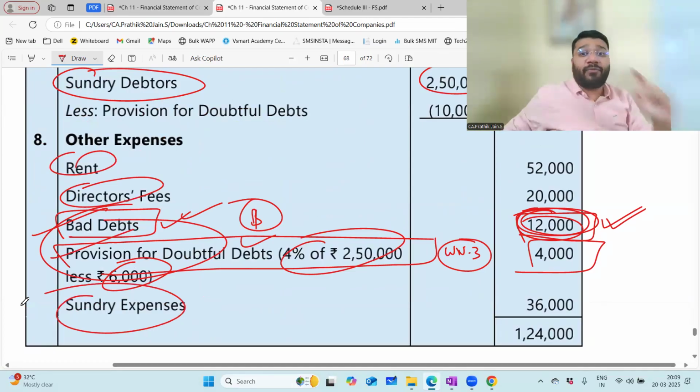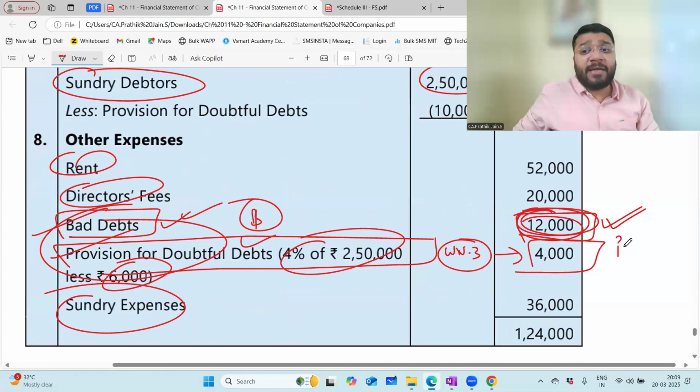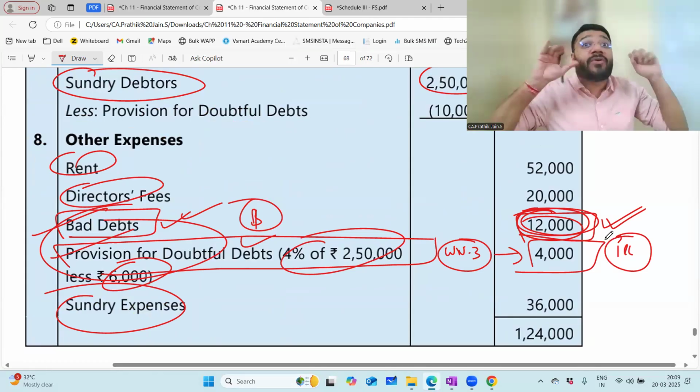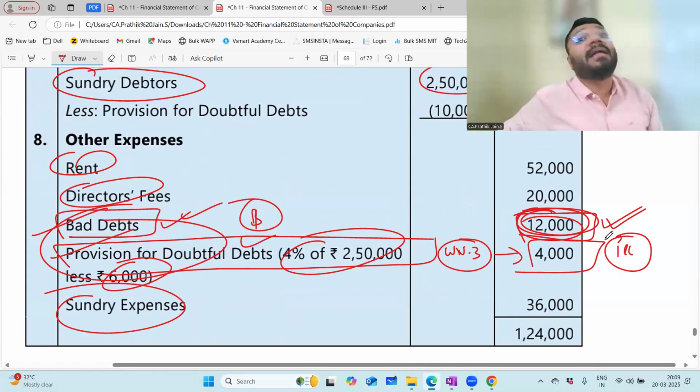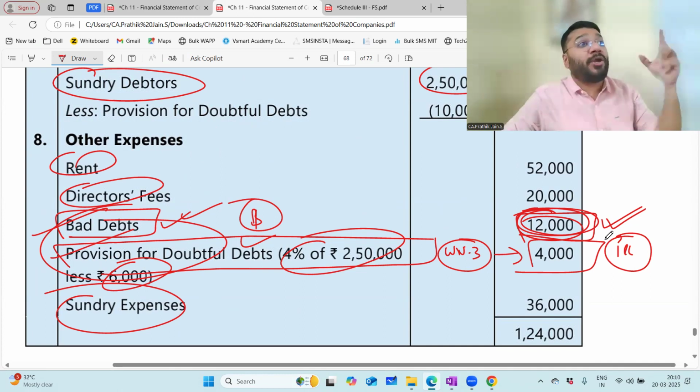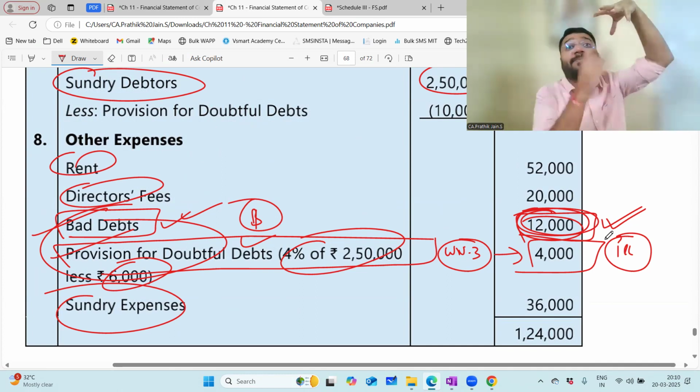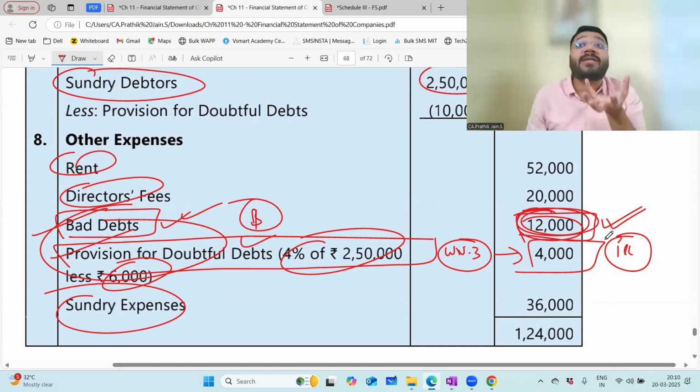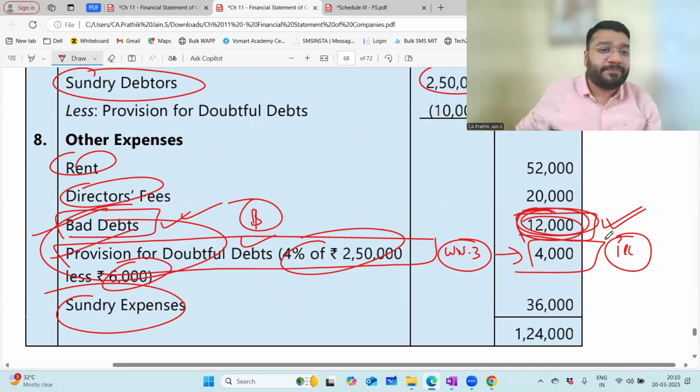Guys, please be very careful. When you write the provision for bad debt, this is the P&L balance. The closing balance of PDD, let's say 10,000, I will subtract from the debtors in the balance sheet, under notes to accounts. Unlike in a sole proprietorship or partnership concern, where you can subtract PDD on the face of the balance sheet, now the subtraction happens in the notes to accounts.